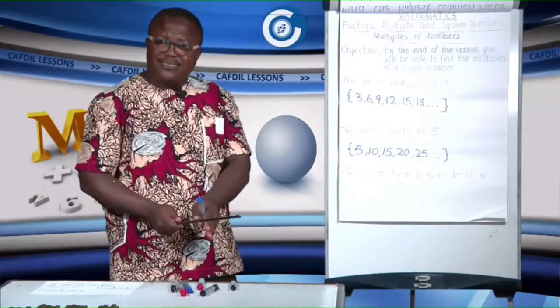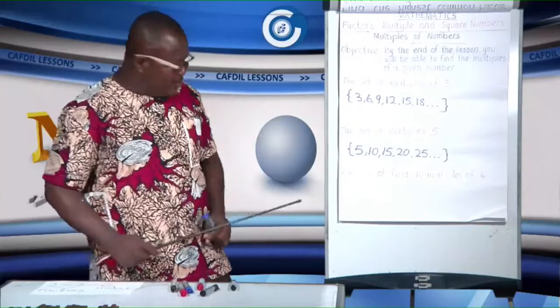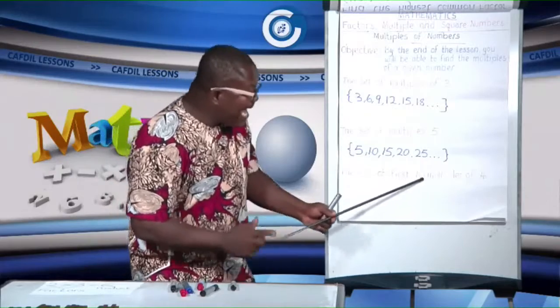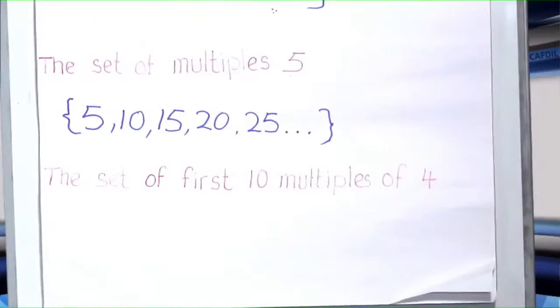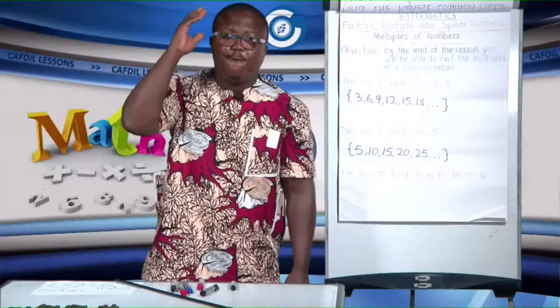Unless otherwise. Now let's look at this one, the third one. The third one here, they are saying the set of first 10 multiples of 4.